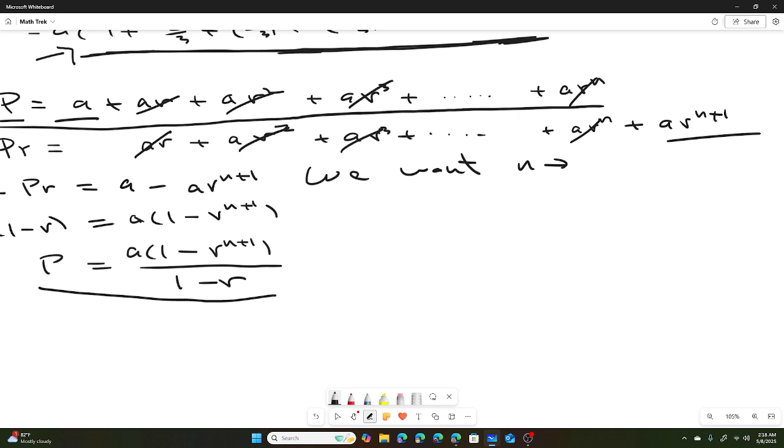And notice something about the formula for P: our r is less than 1, but bigger than 0.